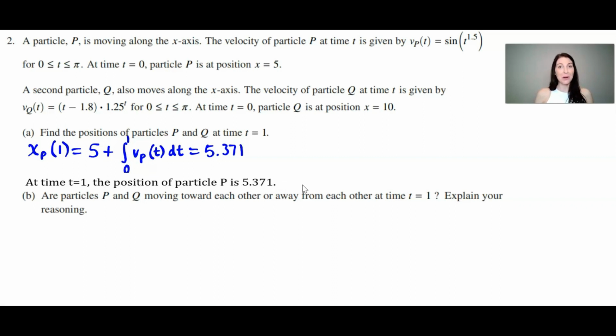Now let's move on to particle Q. Here I would say the position of particle Q at a time value of 1 is going to be equal to its position at the starting time, which was 10, plus the change in position from 0 to 1. So that means I'd be taking the integral of the velocity equation once again to find the position of particle Q at 1. I'm going to do the same thing and plug this into the graphing calculator.